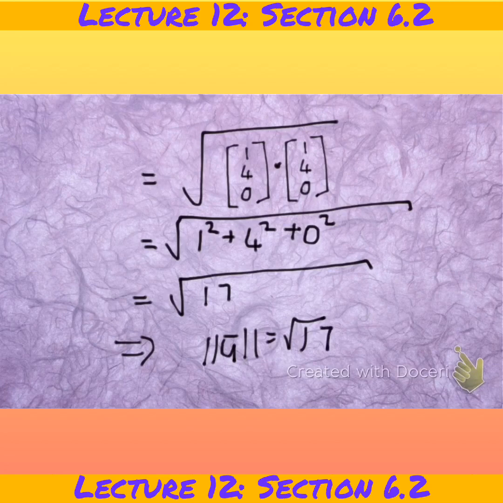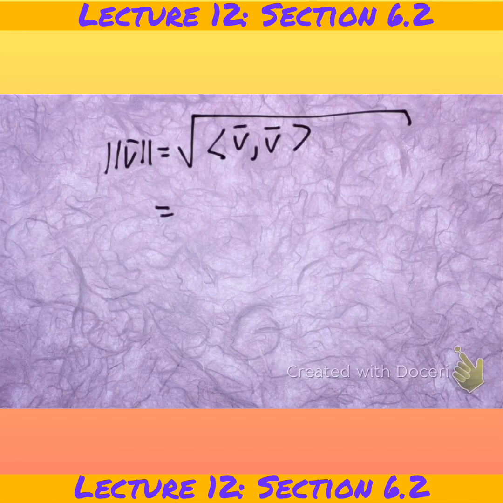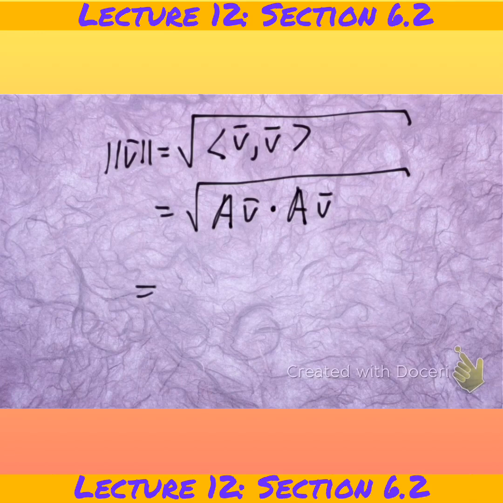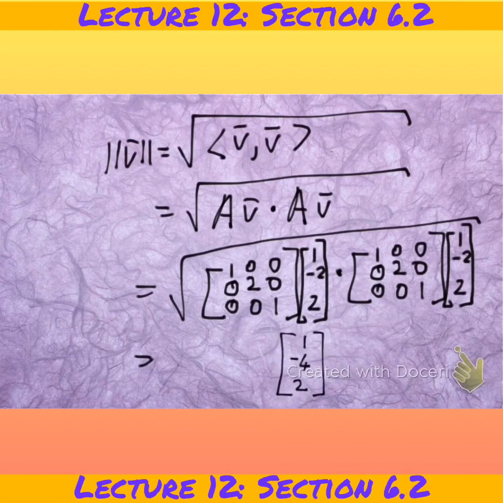Now we just need to find the norm of v. The norm of v is again going to be the square root of the inner product of v with itself, which is the defined inner product, the dot product between those two vectors. Then you take the square root of that whole thing.